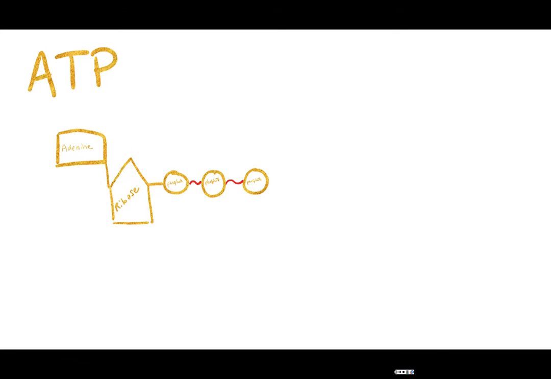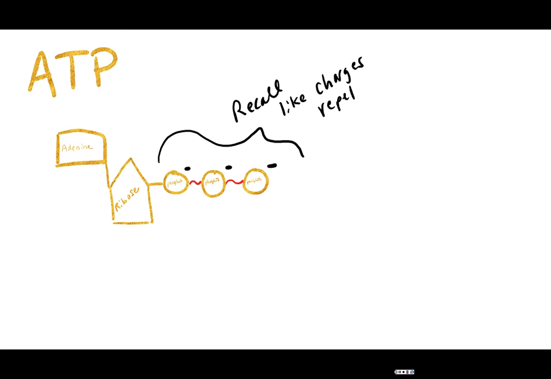Now notice I put a little red squiggly bond in between those phosphate groups 2 and 3, and the reason for that is this is where all of that energy is stored. Our phosphate groups have a negative charge assigned to them. And remember, we've been saying opposite charges attract, which means like charges repel. And so basically what's happening here is you're forcing these negatively charged phosphate groups to be close together.